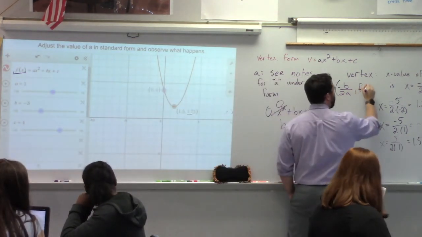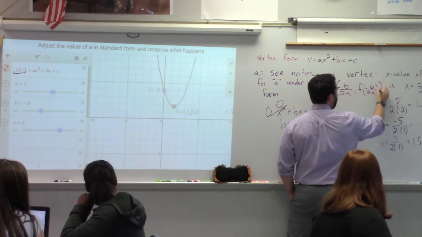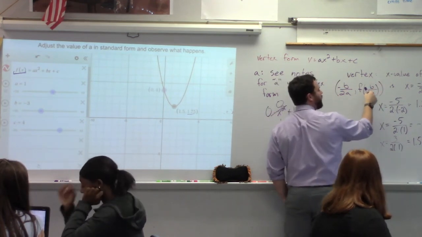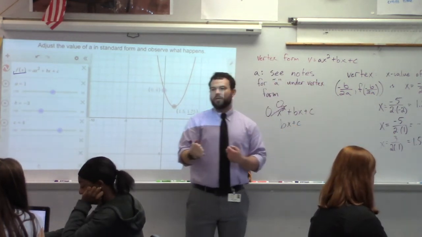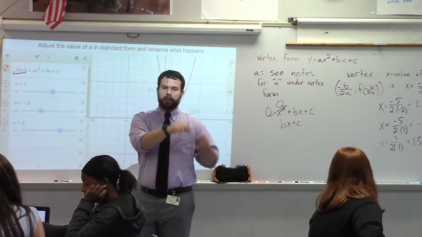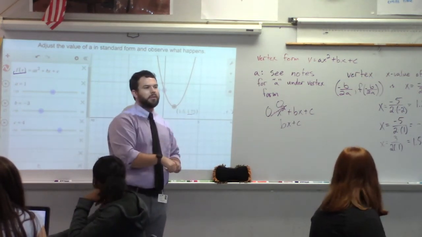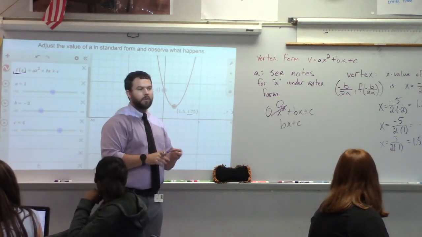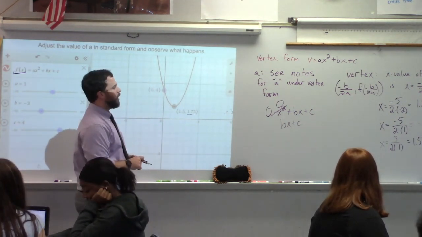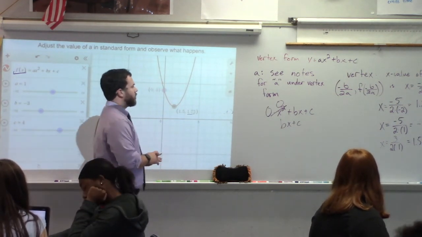I'm going to say f of negative b divided by 2a. All that means is I'm substituting the x value in to get an output. That's what function notation is. I've got the input, negative b divided by 2a, substituting it in to get out whatever the output is. We'll talk more about that moving forward. Don't stress that too much. But I'll use that notation in the future, and again, talk about it some more.